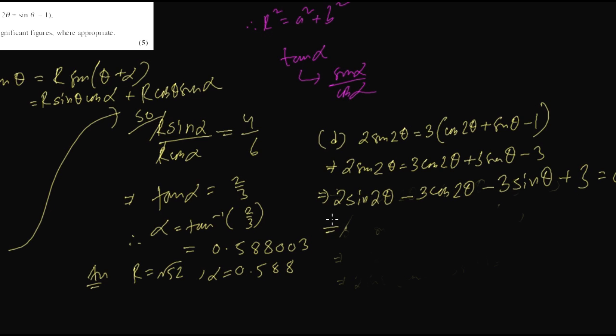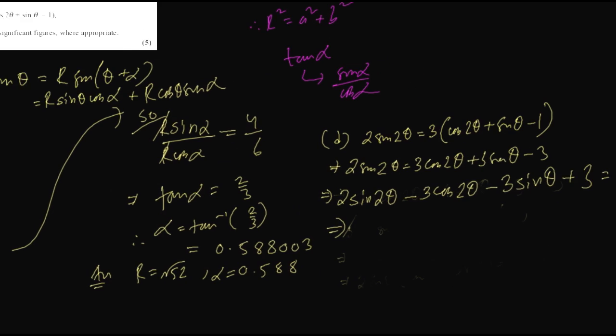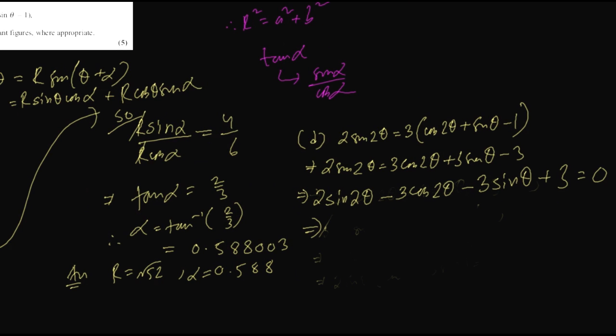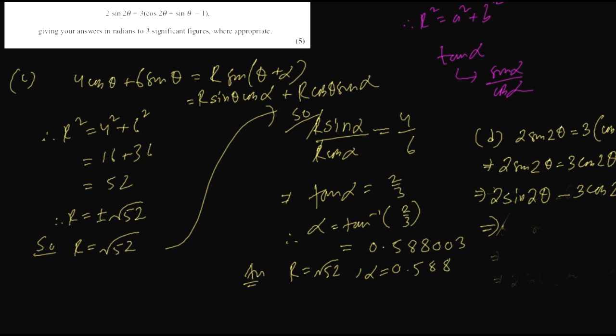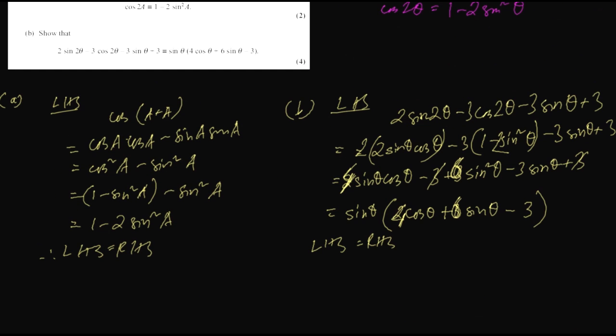Now again, if you take a look at the previous sum, what we got is exactly what we proved. That's how straightforward the sum is. We proved 2 sine 2 theta minus 3 cos 2 theta minus 3 sine theta plus 3 is exactly equal to sine theta times 4 cos theta plus 6 sine theta minus 3. This is exactly what it writes.